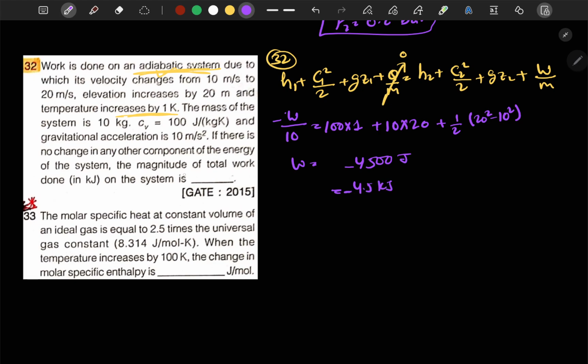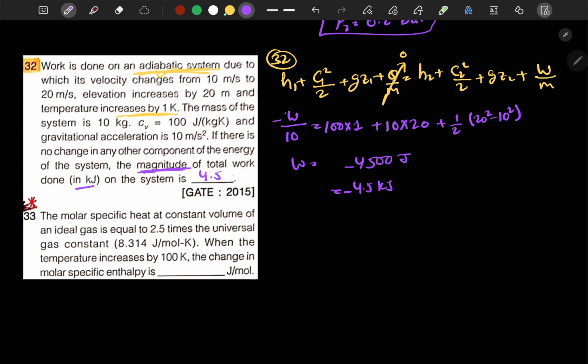Since it is not asked in which direction the work is, and it is mentioned that we just need the magnitude of work, we can enter the value of 4.5 in kilojoule, since it is mentioned here kilojoule.